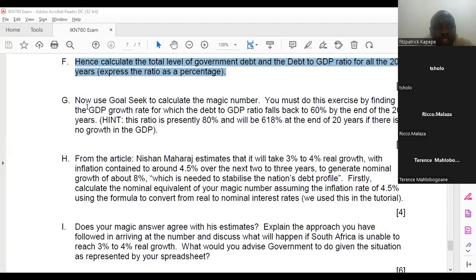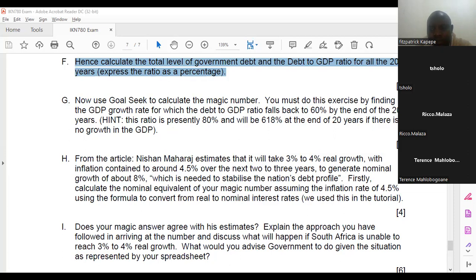Go back. So I'm saying now use Goal Seek to calculate the magic number. You must do this by finding the GDP growth rate for the debt to GDP ratio falls back to 60% by the end of 20 years. So meaning that we'll need to use the Goal Seek.